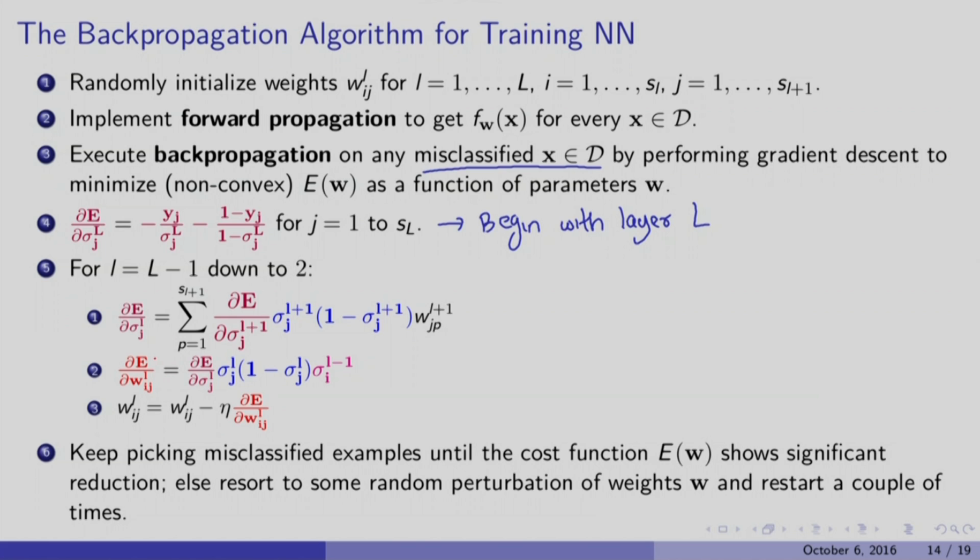So we are just putting together a whole bunch of computations. The partial derivative of E with respect to wij involves by chain rule the partial derivative of E with respect to sigma j from the nth layer, times the partial derivative of sigma j L with respect to the sum at the nth layer or at the jth node, and the partial derivative of the sum with respect to Wij, which is sigma I L minus 1.